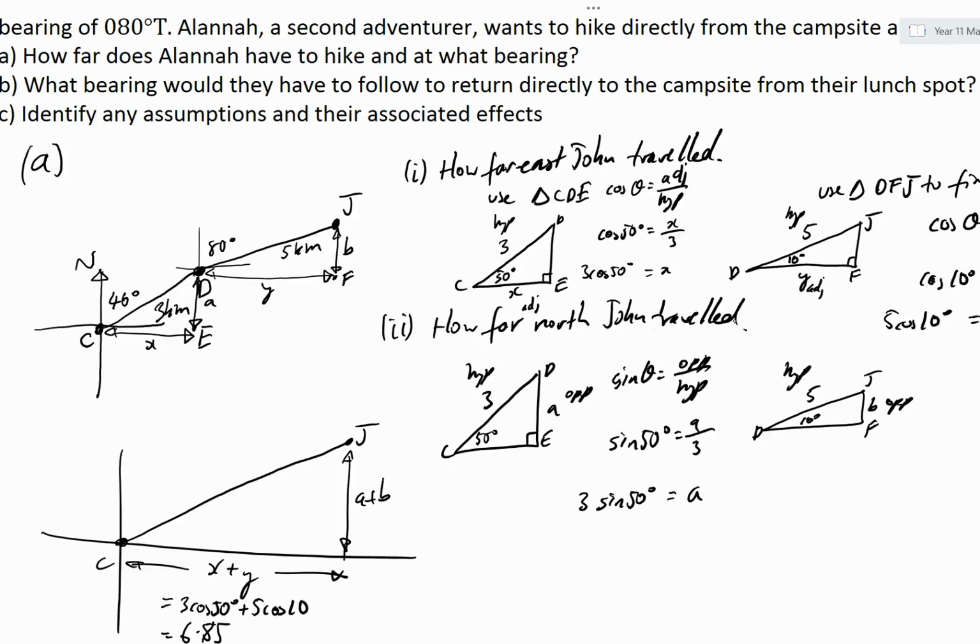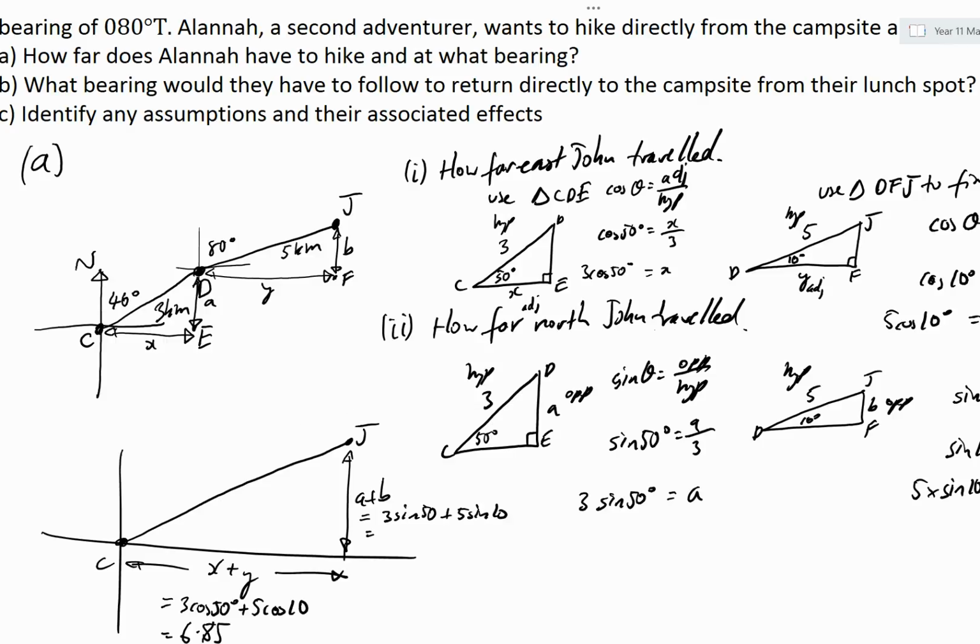Again, over here, same deal, sine rule. Always write the rule. So B on 5, should be able to rearrange this for B. Okay, so this total distance here will be 3 sine 50 plus 5 sine 10.